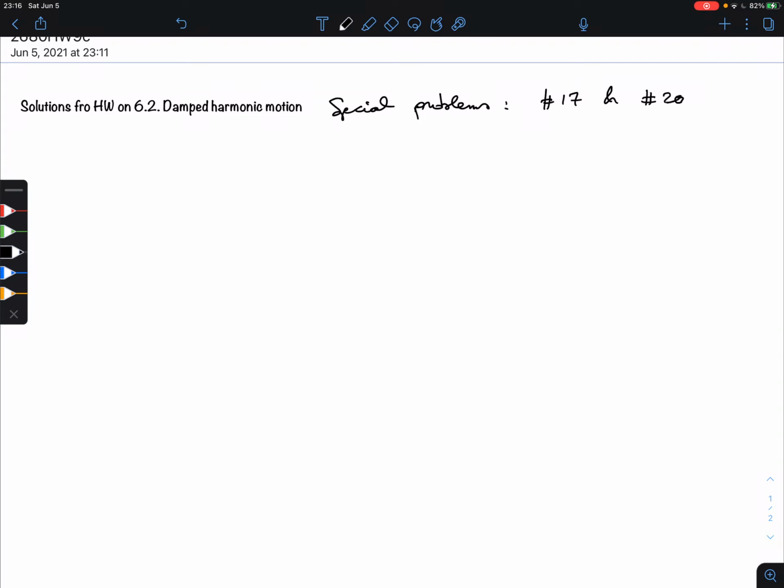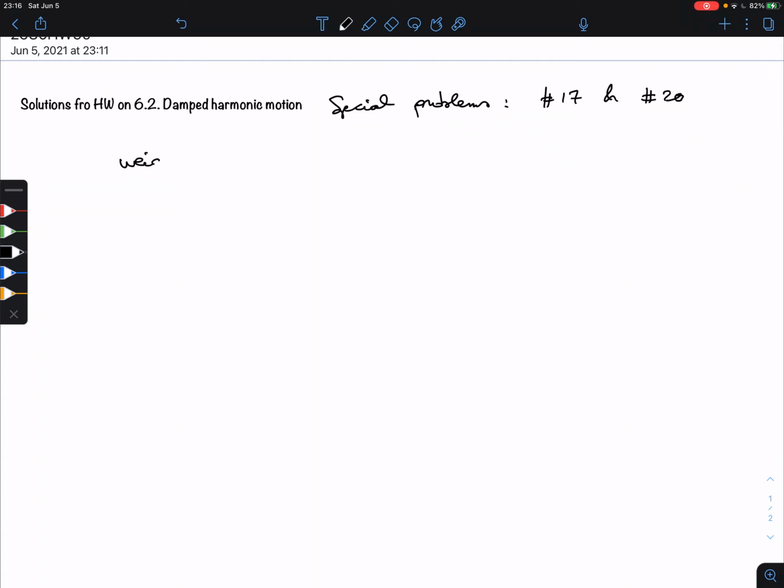A weight. So let's write down what we read as we read it. A weight, and that the weight is 192 pounds, is suspended from a spring with a constant k of 6 pounds. Okay, so this time they give us the constant. Subjected to an external force of 8 cosine 3t.